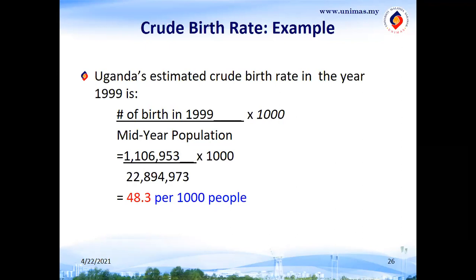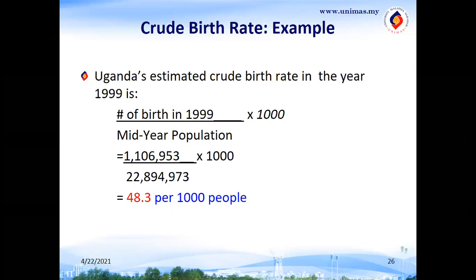So based on the formula, you divide the number of births by the mid-year population and multiply by 1,000. You get a figure of about 48.3 per 1,000 population. So the crude birth rate for Uganda in 1999 was 48.3 per 1,000 population.